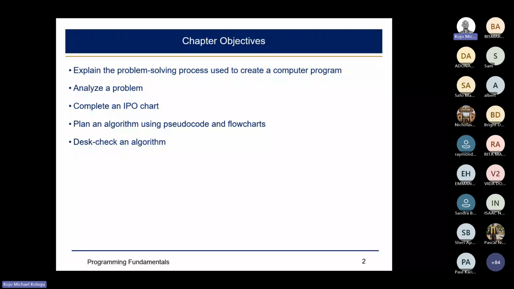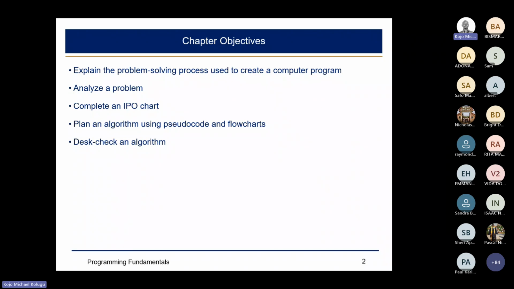Right. So these were the objectives for last week. We first started by explaining the problem solving process that is used in creating a computer program, right? And then we looked at how to analyze a problem in order for you to understand it, so that you can proceed to find a solution for it.